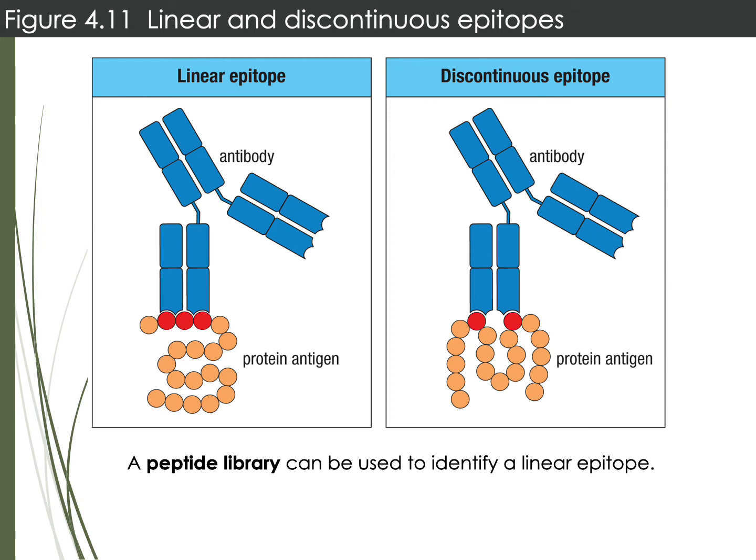For discontinuous, that's not going to work because you're looking for a portion here and a portion there, and folding is really important. We'll look at a technique called virus scan. Virus scan kind of helps with discontinuous epitopes as long as the portion of the protein that's being expressed is long enough and folded to create that discontinuous epitope. Discontinuous epitopes are a little more difficult to study, just because peptide libraries are kind of a go-to tool to identify epitopes.